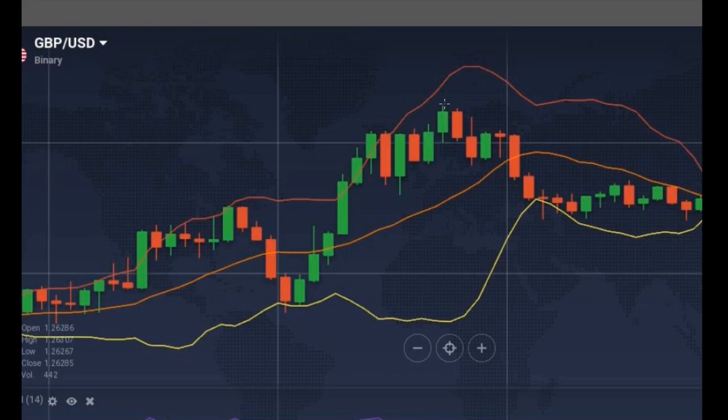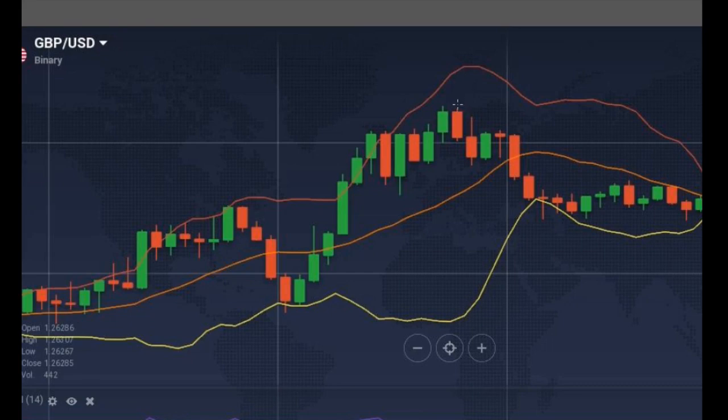You can see this marubozu over here was the breakthrough candle. That's the candle that broke through the resistance level. Always make sure that the price crosses the resistance level. As soon as price crosses the resistance level, you have to wait for a confirmation candle. You can see the confirmation candle over here.